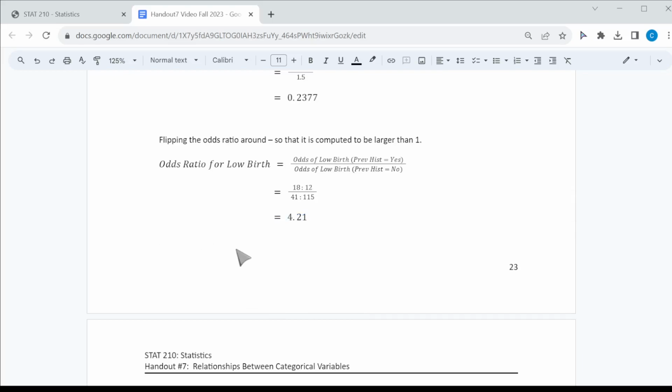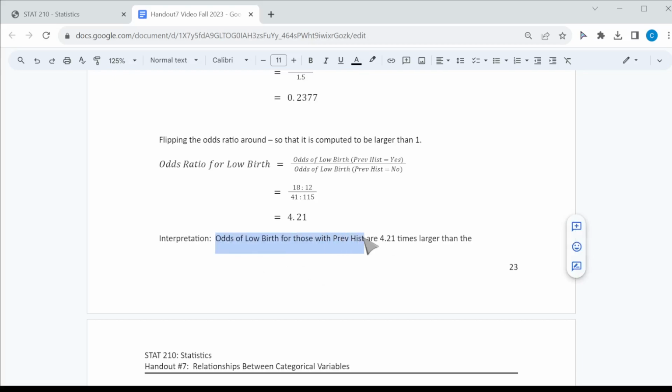The interpretation here is going to be something like: the odds of low birth weight for those with previous history, because that's what I put in the numerator, are 4.21 times larger or greater than, and what's in the denominator here? The odds of low birth weight with no previous history.